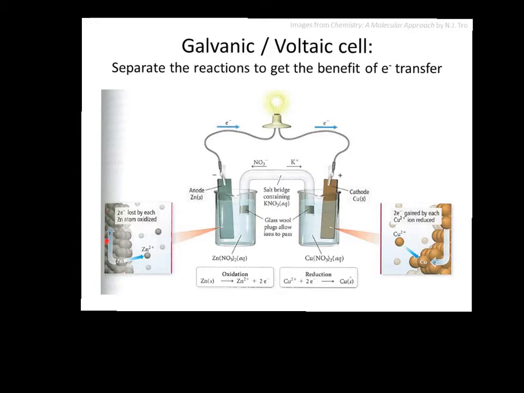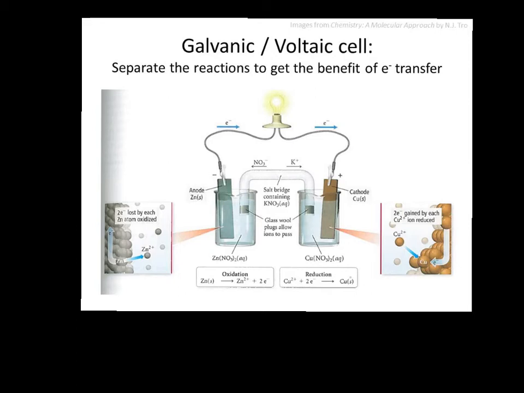of what's happening here. So the zinc is being oxidized and the electrons are flowing out through the wire. They could be used to do something useful like light up this light bulb. And then the electrons come down through the copper and they join up with the copper ion in order to reduce the copper and form more copper metal.